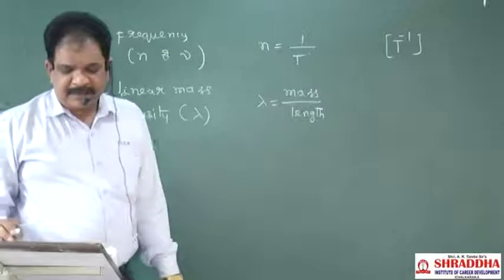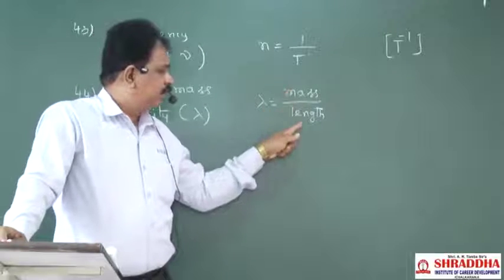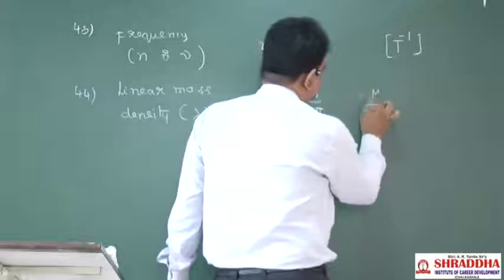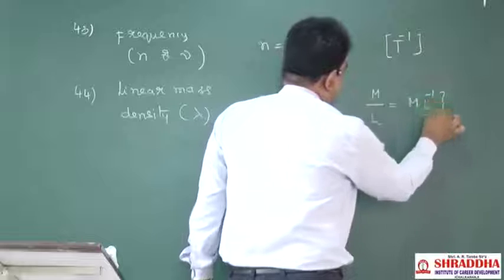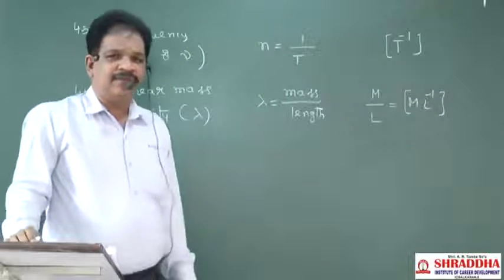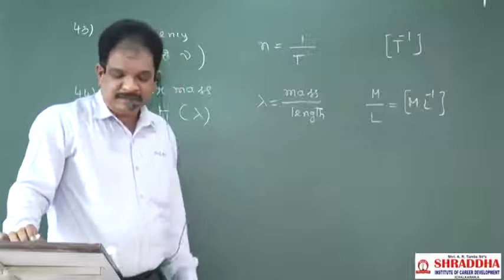That is called the linear mass density. So this will be M, this will be L. So M L power minus 1 is the dimensional formula of linear mass density.